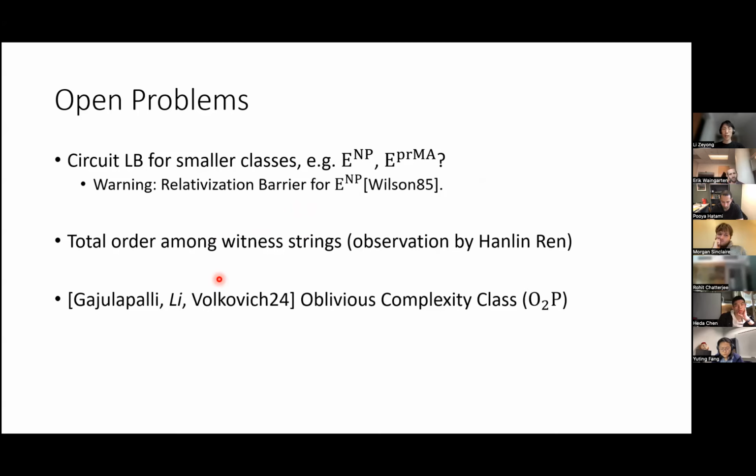And lastly, in a very recent follow-up work, my co-author and I look into this oblivious complexity class called O2P. Don't worry about its exact definition, but it's interesting in the sense that this class simultaneously admits a fixed polynomial circuit lower bound, and it's also contained in P/poly.